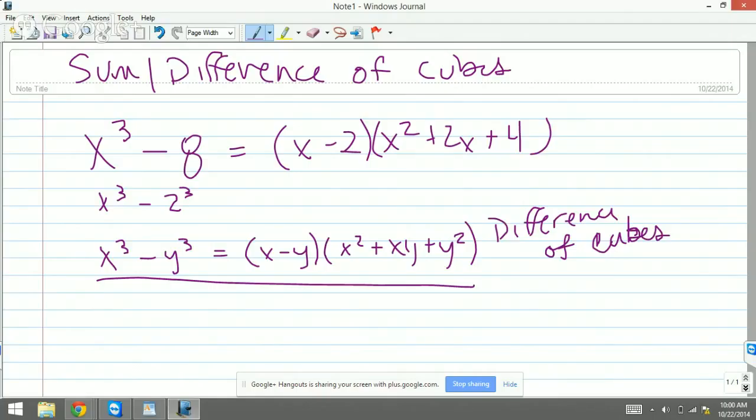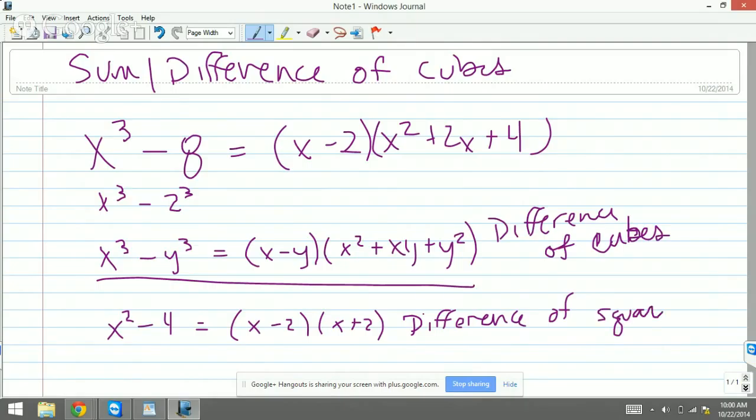You guys know that, right? So if I had x squared minus 4, these are similar ideas. In math, they're all kind of grouped together. This is called the difference of squares. Okay, so I think you get the idea there.